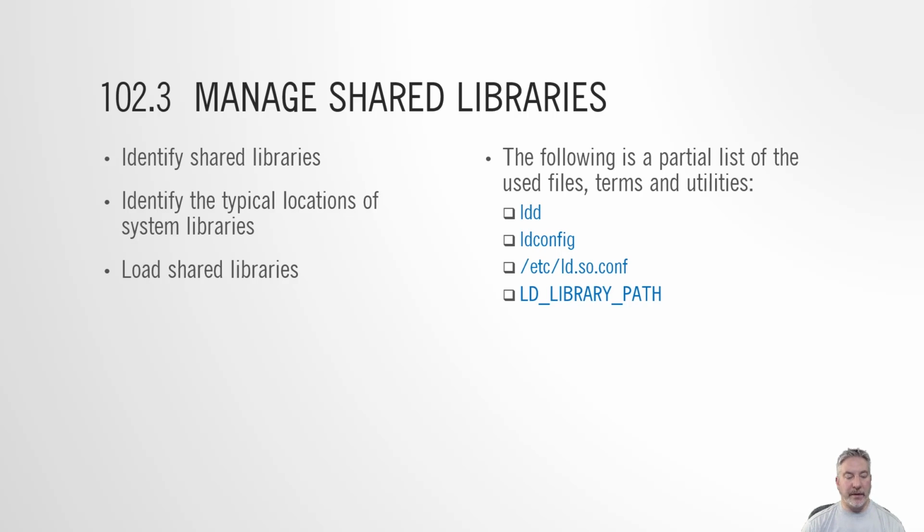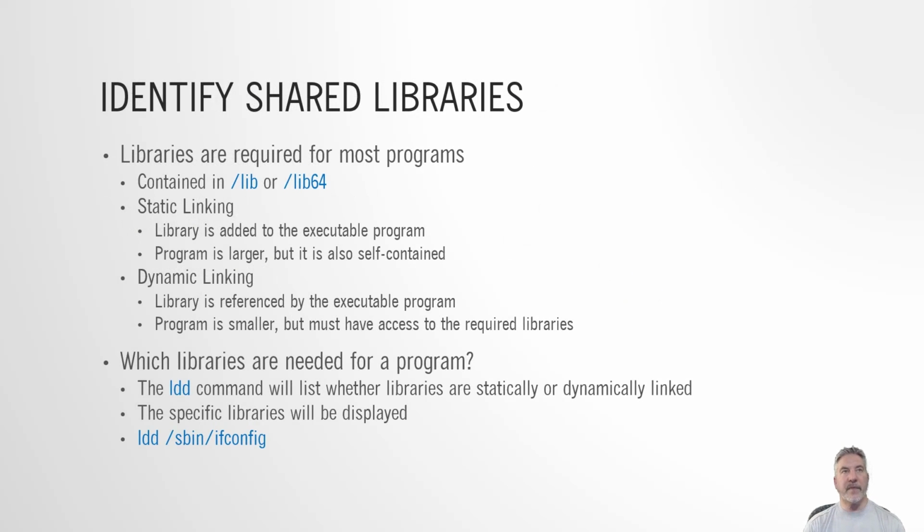Now, the shared library idea is that a program that gets built might use different system libraries for various functions that the program performs. But there might be all the other software on that system which also can use that same library for those functions, and that's the reason why they're shared.